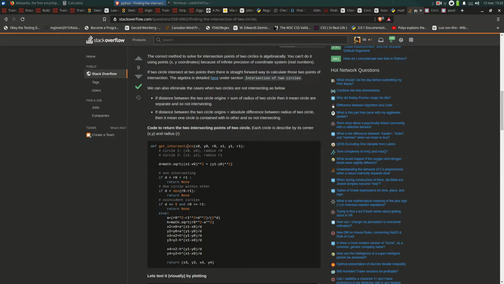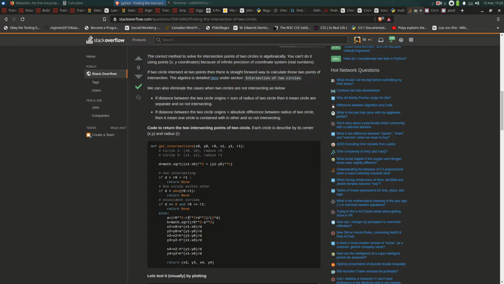So at circle 1, got x, y, radius 0, math square root, we calculate D, and then we return the points. So I'm checking if it has to return the thingy.